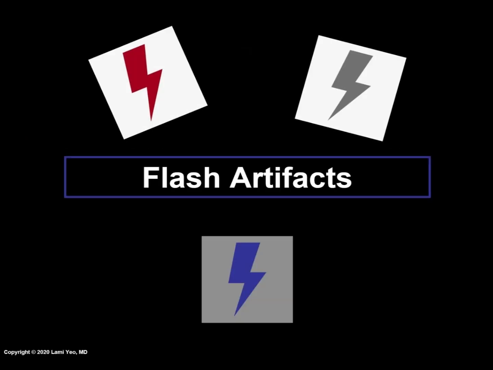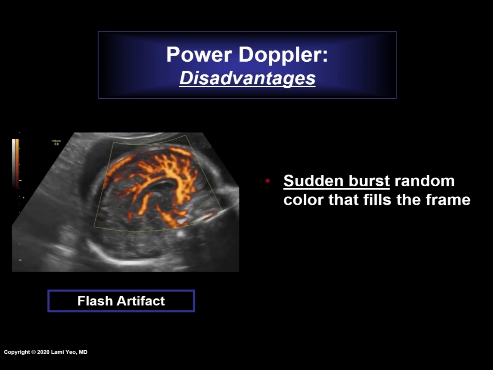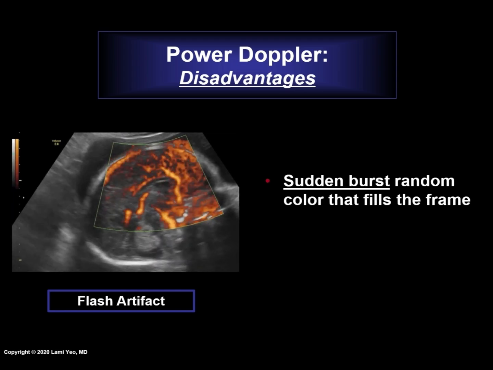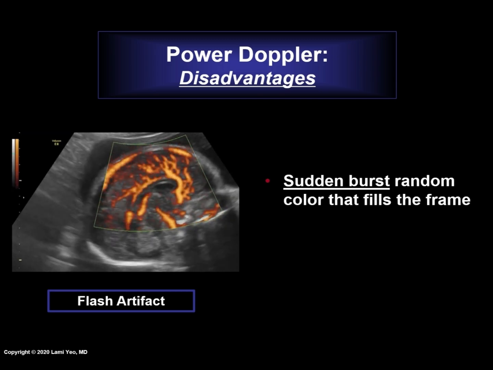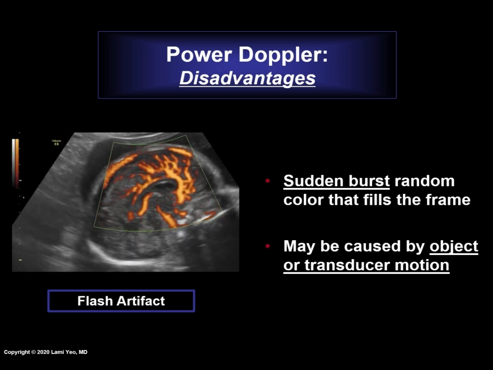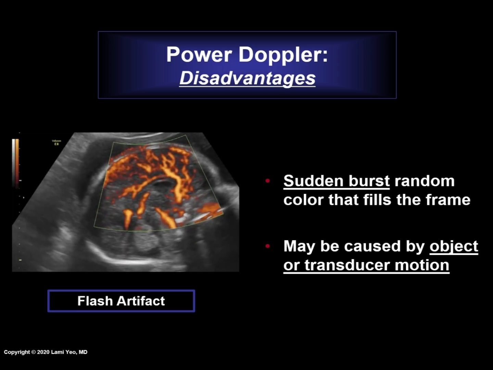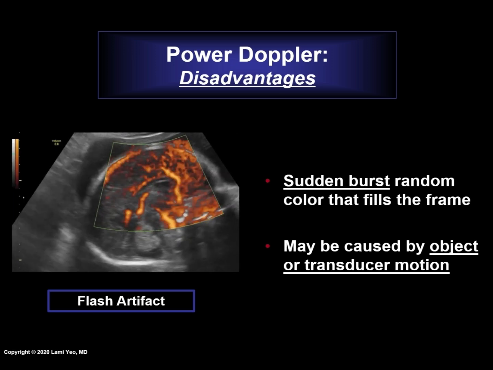What are flash artifacts? Flash artifacts are a sudden burst of random color that fills the frame, obscuring the grayscale image. This artifact may be caused by object or transducer motion. Remember that any motion of a reflector relative to the transducer produces a Doppler shift.